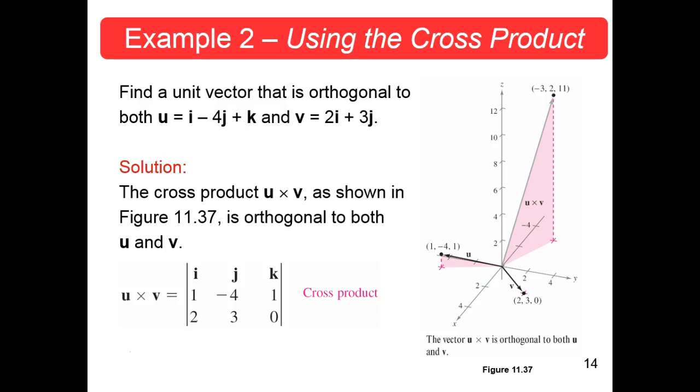Okay. Now the v is in the xy plane. So you go 2i and then 3j, and sure enough, you're right there, 0k, so you're in the plane. Now, the cross product, which we did, which was negative 3, 2, 11, not the unit vector, but the total vector, u cross v, that's negative 3 in x, so that would be back here, then go plus 2 in y, that would be over here where the cross is, and then up 11, and there it is.